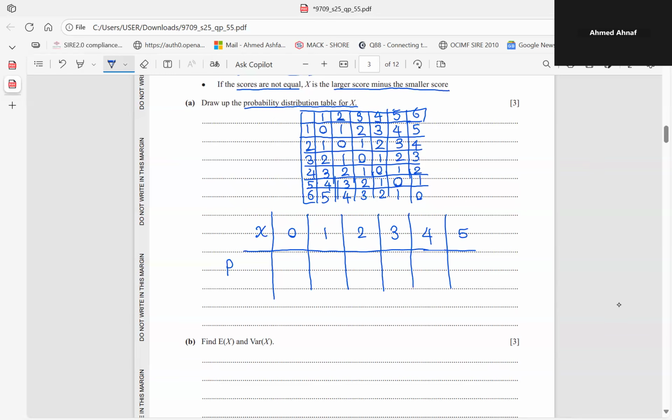The second row is the probability of big X equal to small x. The probability of X being equal to 0: let's count the number of zeros.